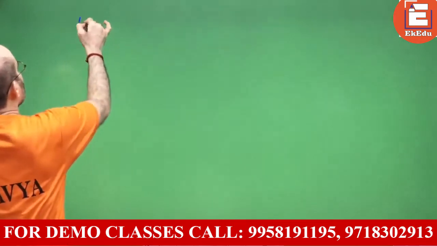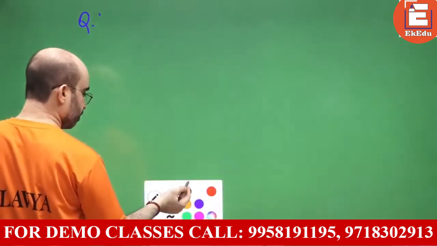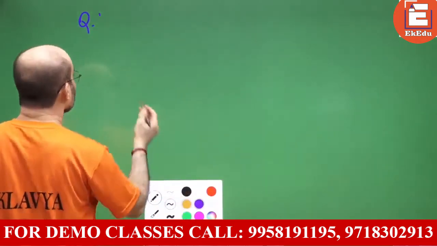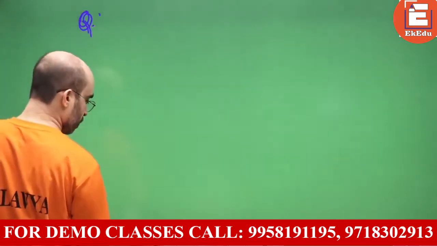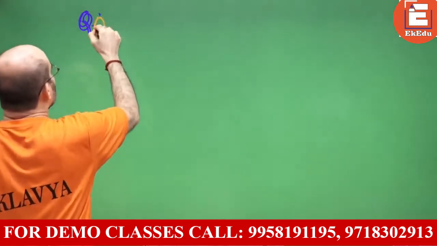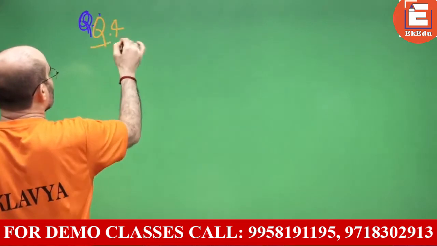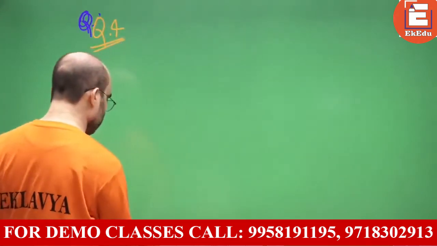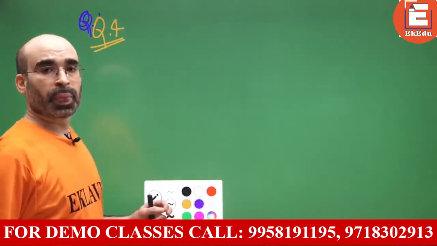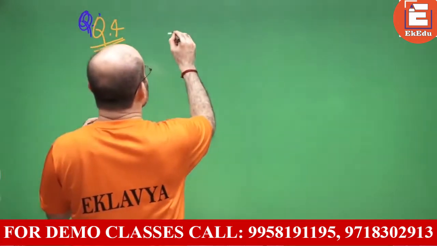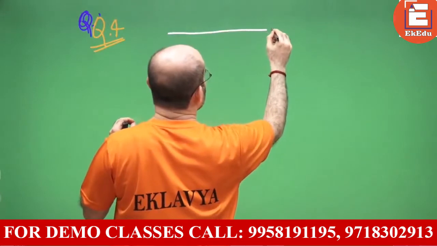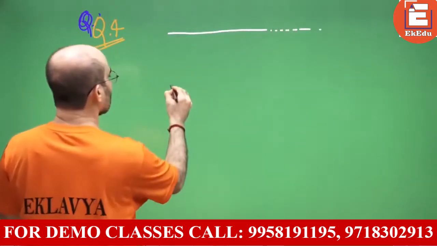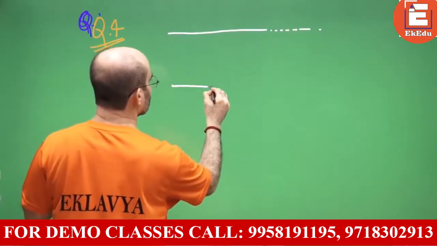Suppose you have this question, question number 4. Okay, so let us do this. This is going to be very, very simple. We have a long straight conductor. We have another long straight conductor.